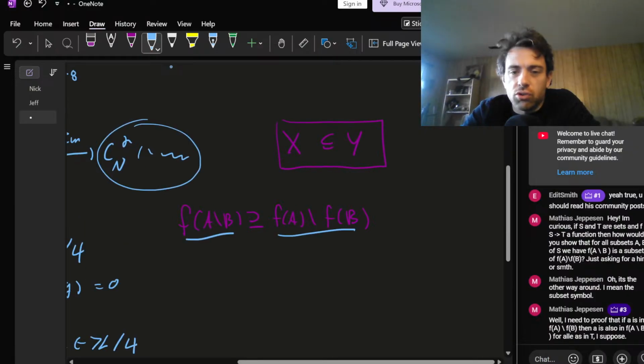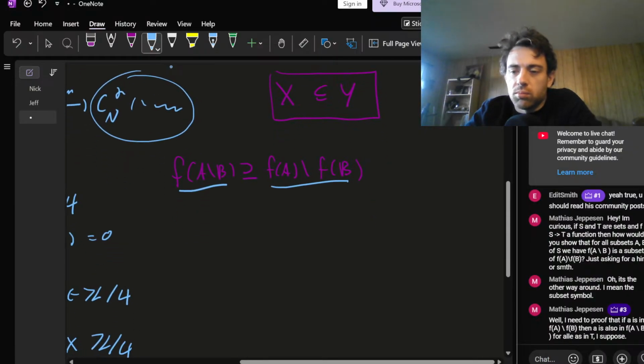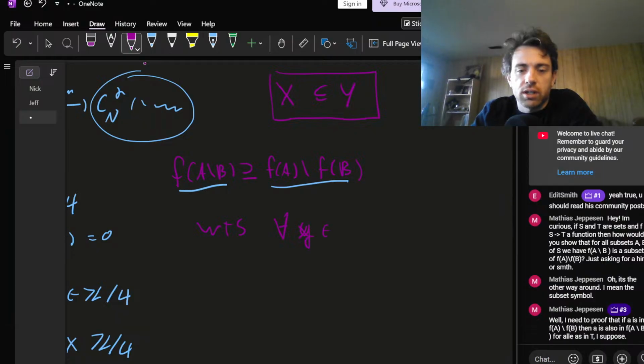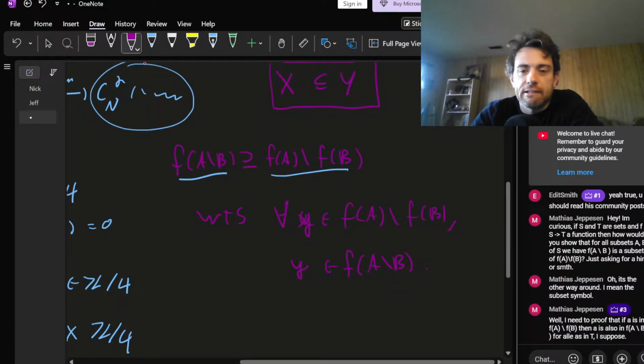Yes, exactly. So in other words, you want to show that for all x, or maybe I'd like to use y, for all y in FA minus FB, you want to show that y is in F of A minus B. Right?